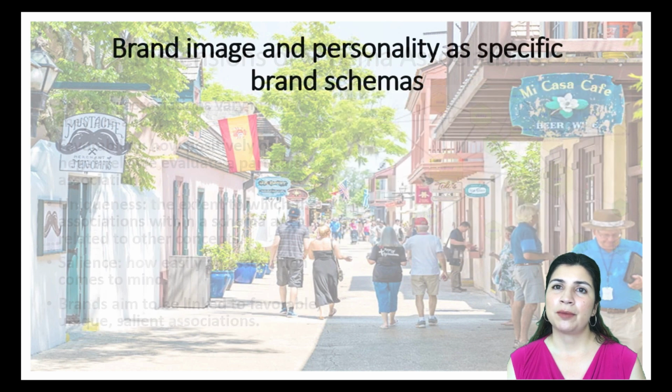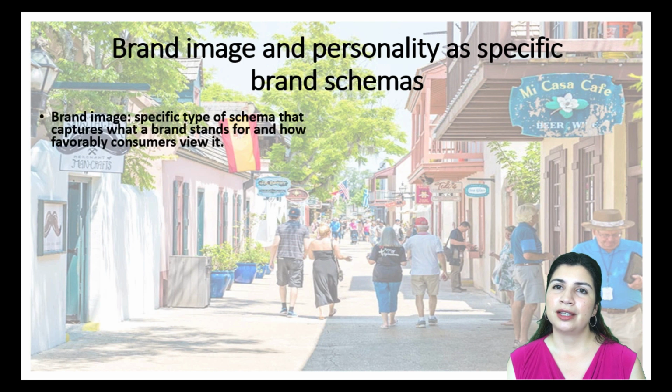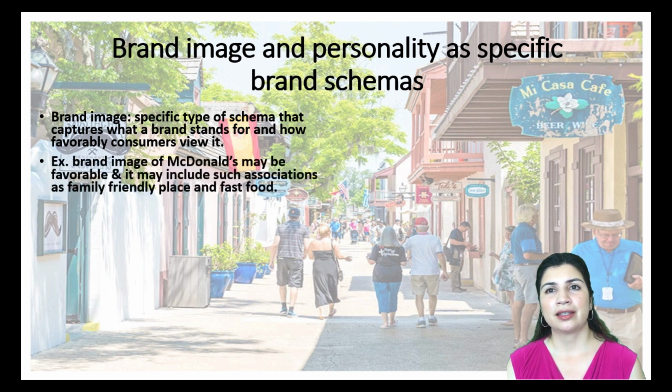Brand image and personality are specific brand schemas. A brand image is a specific type of schema that captures what a brand stands for and how favorably consumers view it. For example, our brand image of McDonald's may be favorable, and it may include such associations as family-friendly place and quick, tasty food.